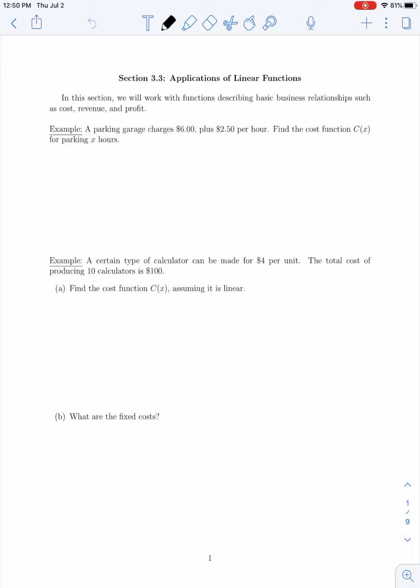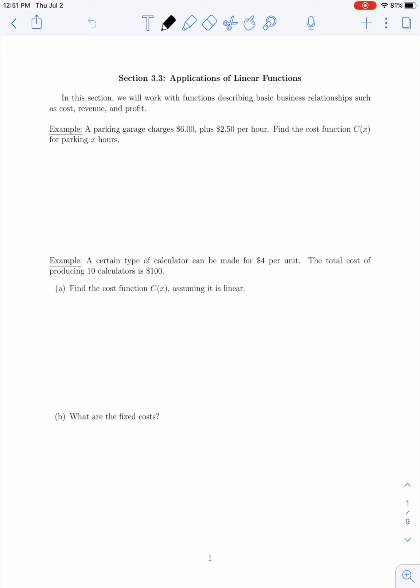So in our first example, we're told that we have a parking garage which charges $6 plus $2.50 per hour to park in. So we're supposed to find the cost function, c of x, for parking for a period of x hours.